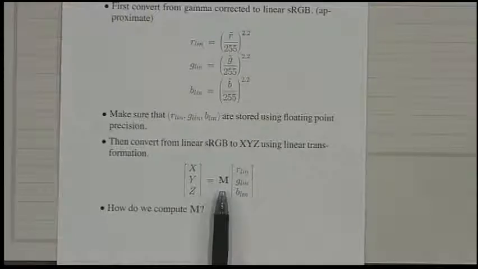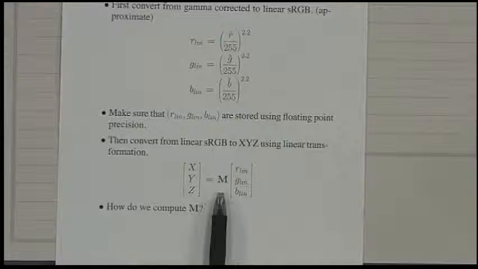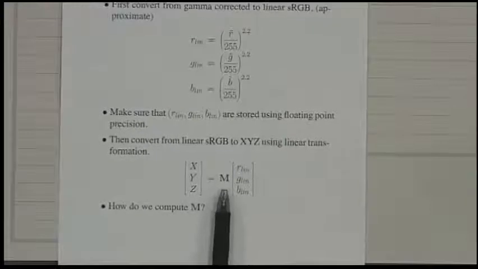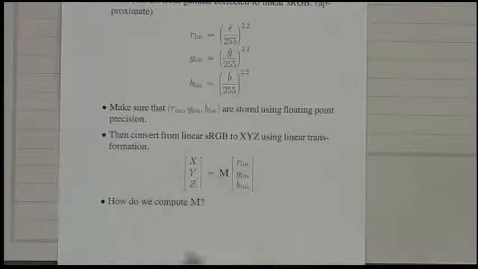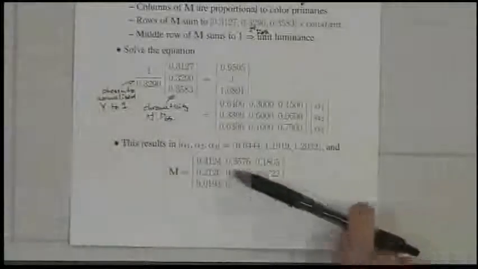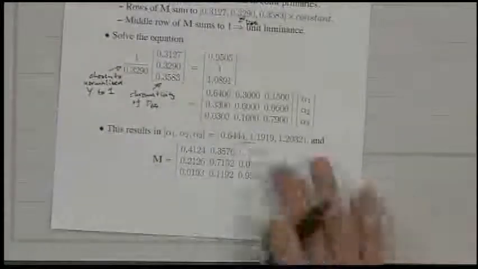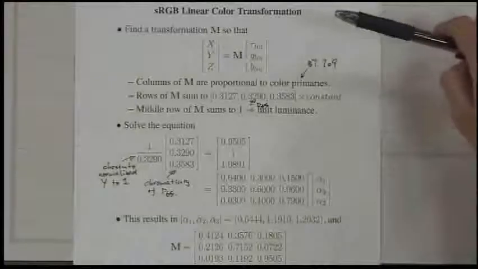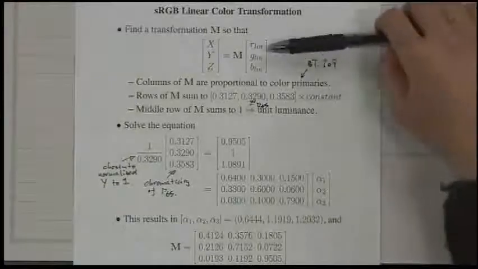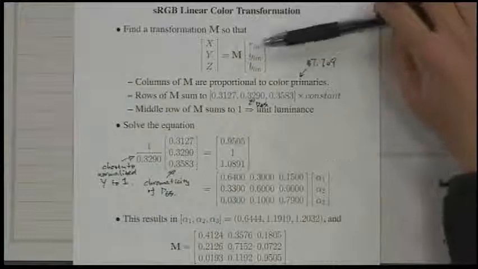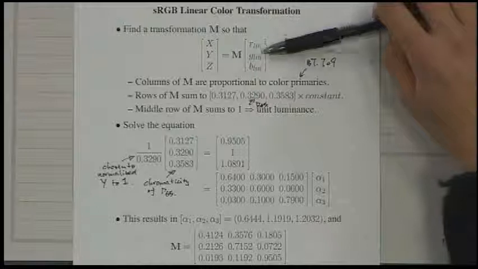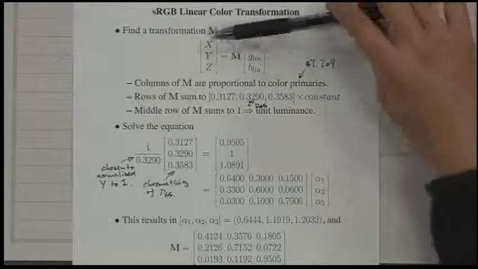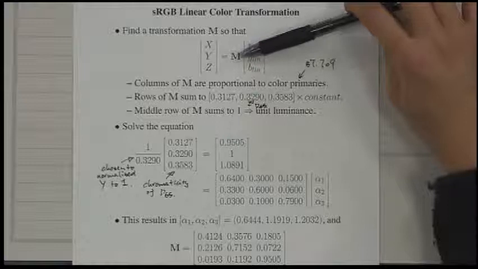Essentially, this means that we want to find the 3x3 matrix M. You can actually look it up from some standard document, but we will try to find out this M. Here the right hand side will be the transform times the sRGB data in linear energy space, and what we want to find is the XYZ. Eventually, we need to determine this matrix M.